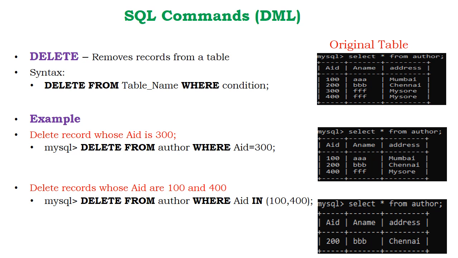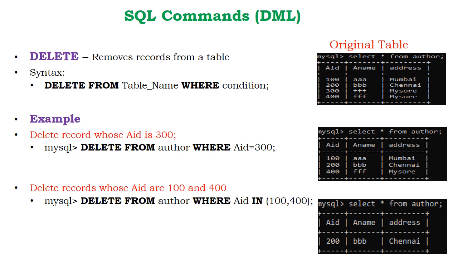So this is the way we can update a particular field. And next one is DELETE. It removes a record from the table. What is the syntax? DELETE FROM table name WHERE condition. So delete the record whose ID is 300. It means automatically the particular record will be deleted. Suppose you want to delete multiple records, how do we write the query?